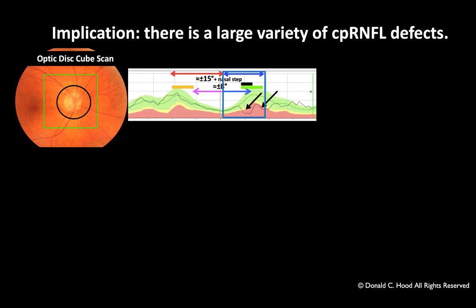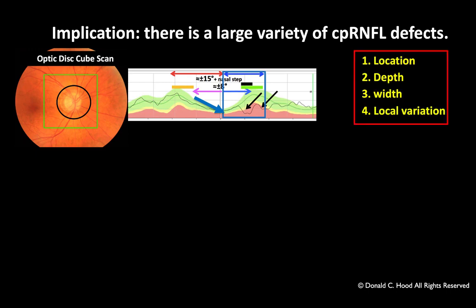Well, one implication is you should expect a large variety, infinite variety in fact, of circumpapillary retinal nerve fiber layer defects. So let's just take a look at this region here within this box. That region will have damage that varies in location, depth, width, and then local variation. And that location corresponds to about that much of the disc.